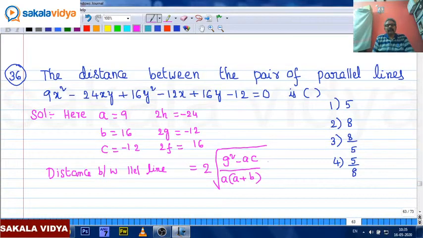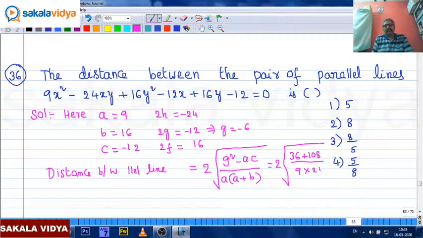Let us substitute now. This equals to 2 root of g square. 2g is minus 12, g will be minus 6, 36. AC means minus 12 into 9, minus 108, but minus is there, plus 108. By a into a plus b, 9 into 25.